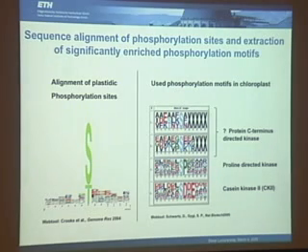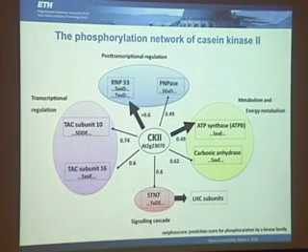And for the casein kinase, that paper is submitted now, we have been able to predict what we call a casein kinase 2 network, where the arrows indicate the degree of significance that we think for these different proteins that are phosphorylated by casein kinase 2.